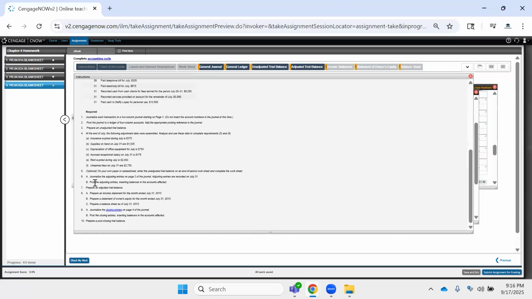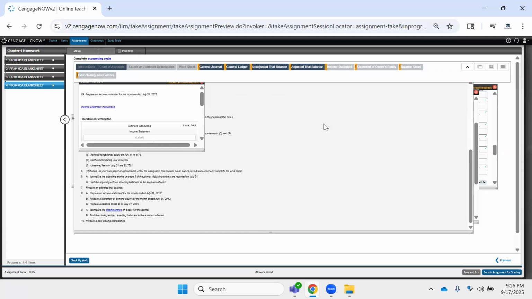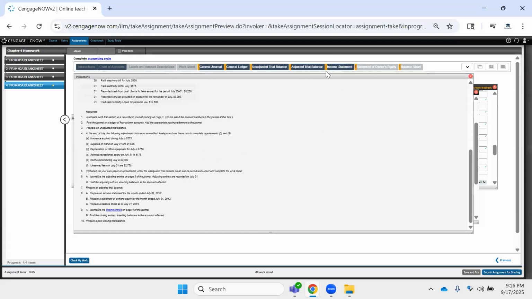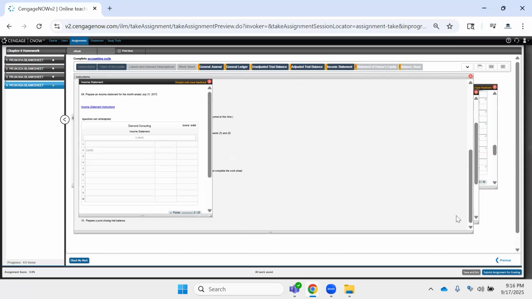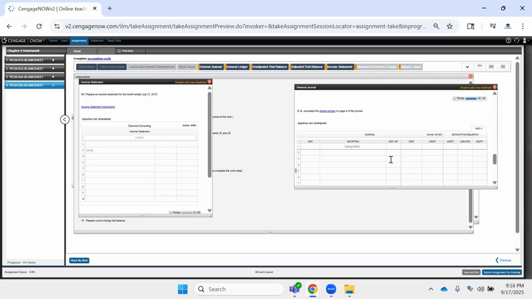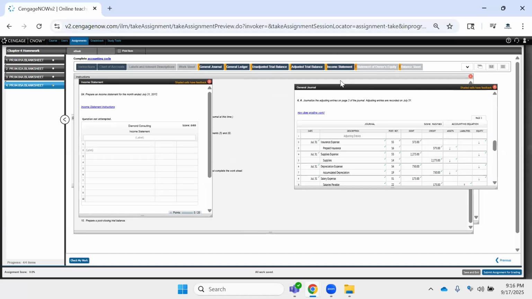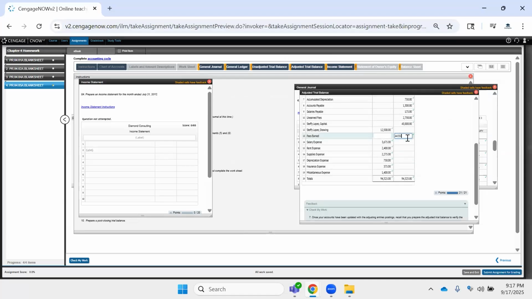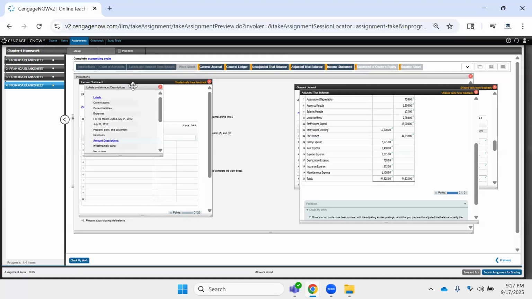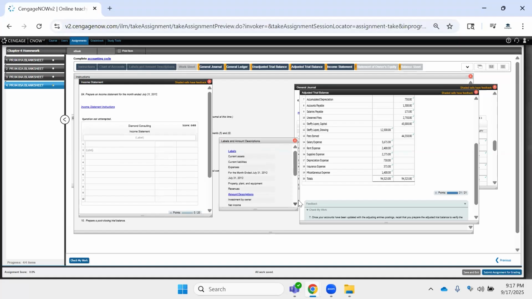The next step is to prepare the income statement, statement of owner's equity, and the balance sheet. So, if you remember from the lecture on Tuesday, our income statement amounts get taken directly from the trial balance. And we're going to take a look at our account labels and descriptions just so we know.